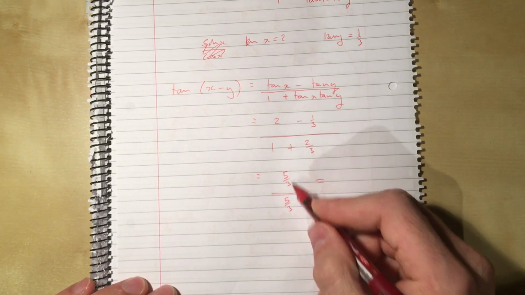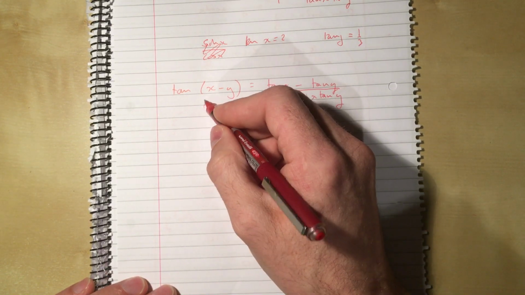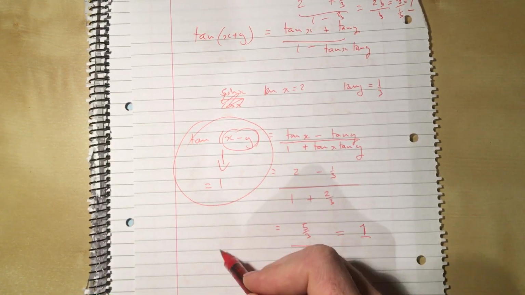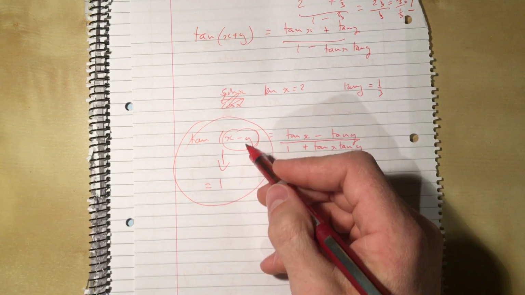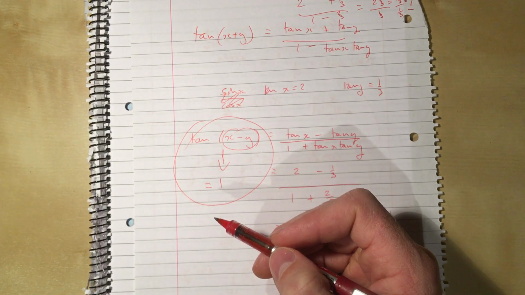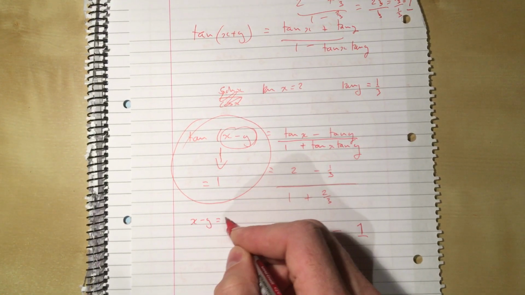In other words, 5 thirds divided by 5 thirds, well, that's 1. So tan of x minus y is equal to 1. If tan of x minus y is equal to 1, then this angle must be 45 degrees, because tan of 45 degrees is equal to 1. And 45 degrees is pi by 4. So x minus y must be pi by 4.